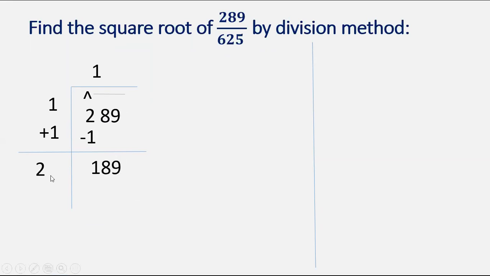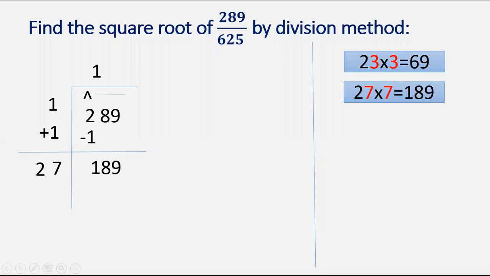Now, here I want with 2 a number which multiplied by itself to get 189. Okay, now in the rough column, we can take here 27 into 7 is 189, right? 27 into 7 is 189, and on the left hand side 7 is going to be added over here.